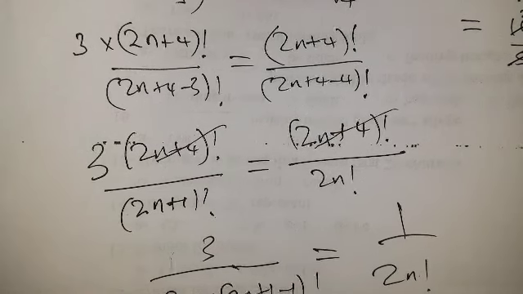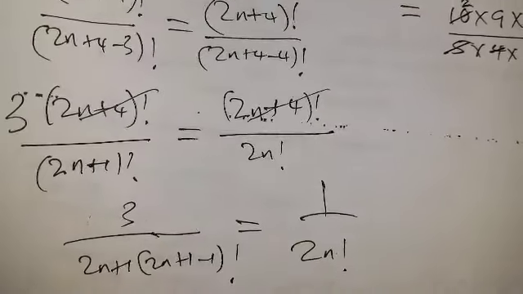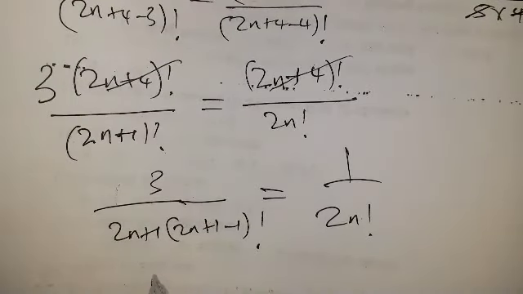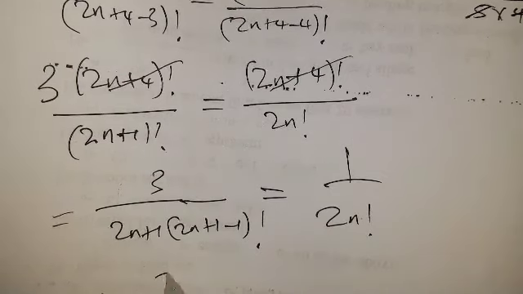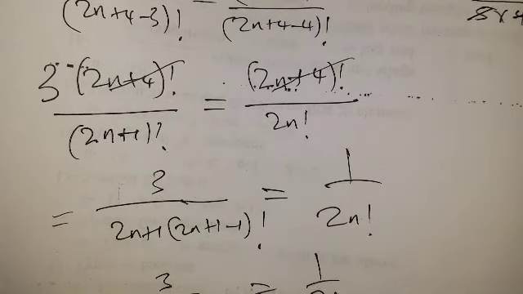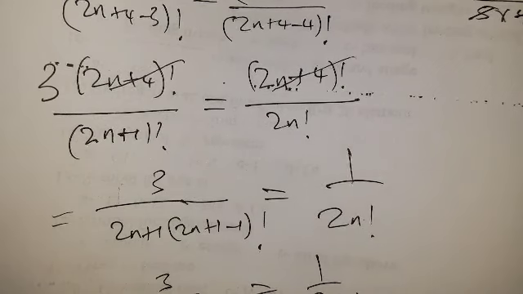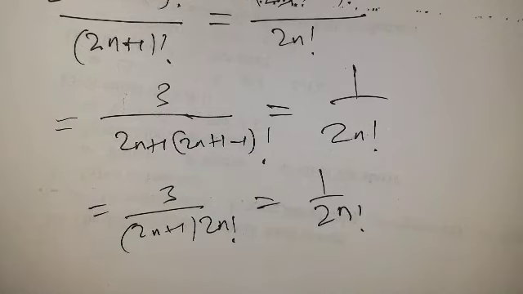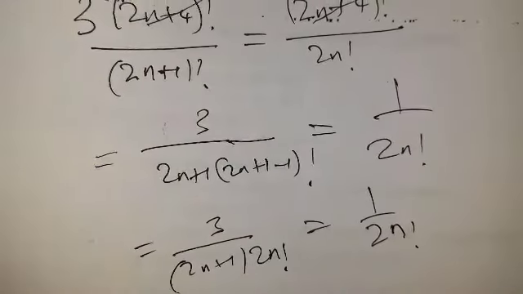So from here, we know that we have 3 over (2n plus 1) times (2n) factorial is equal to 1 over 2n factorial.